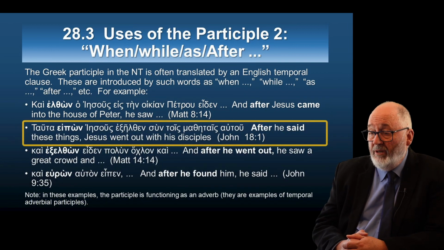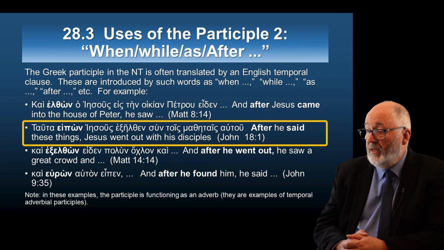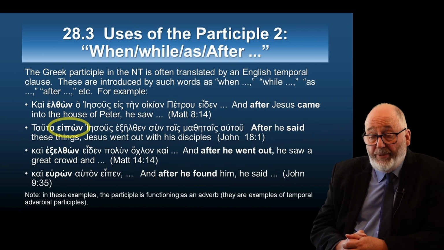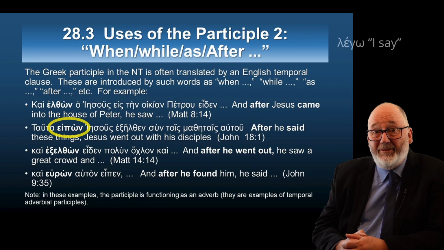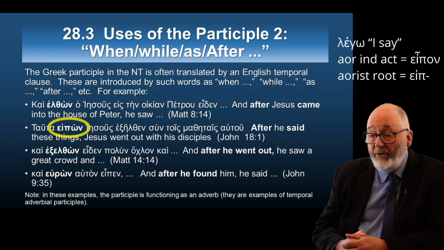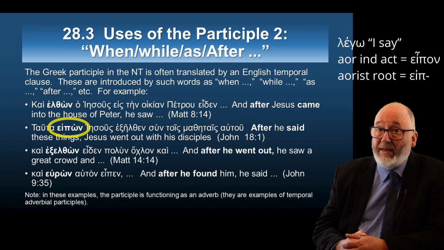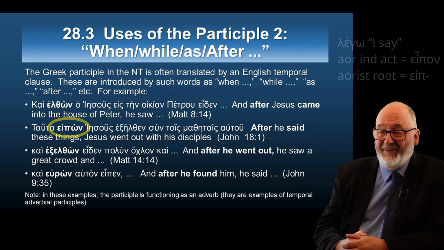Tauta eipon ho Jesus, exelthen syn tois mathetais autou. Eipon. Yes, do you recognize it? It's from lego, isn't it? The aorist indicative of lego is eipon. So eipon is the aorist participle, the nominative masculine singular aorist participle active of lego.